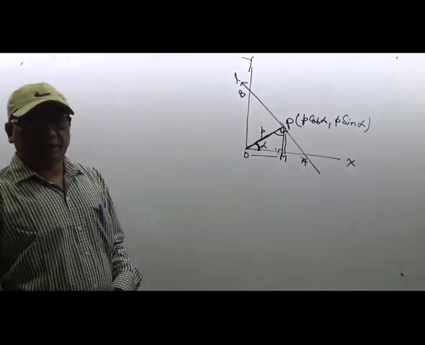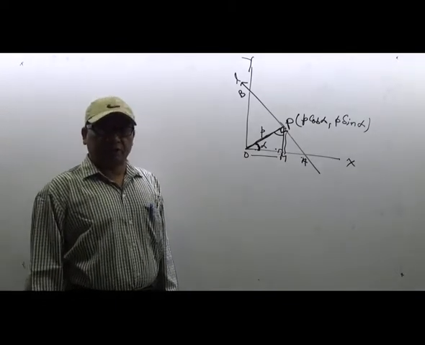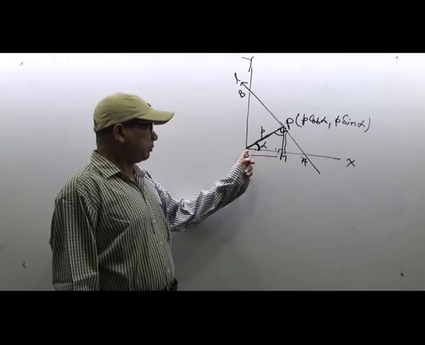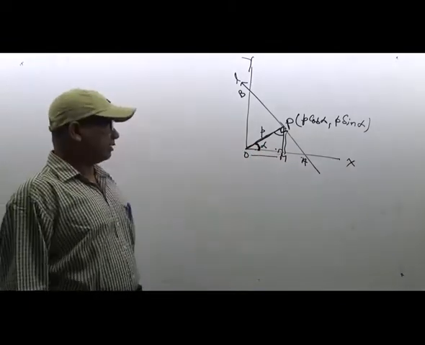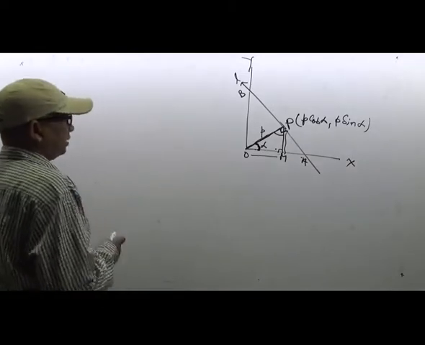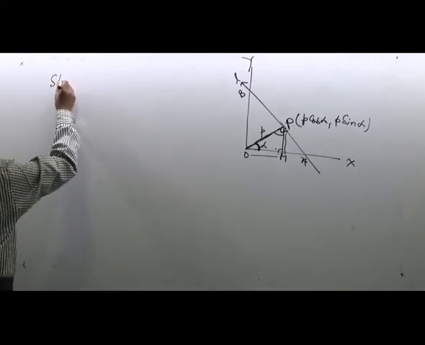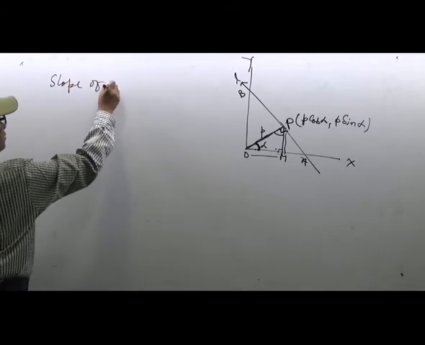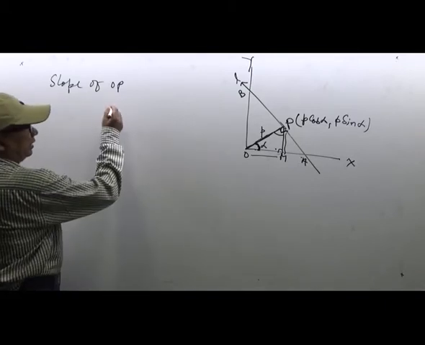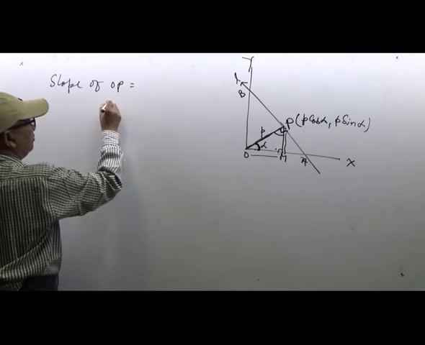Any straight line that makes an angle with the positive direction of x-axis, the tan of this angle is called the slope of this straight line. Thus OP makes an angle alpha with the positive direction of x-axis, then the slope of OP will be tan alpha. M is equal to tan alpha.